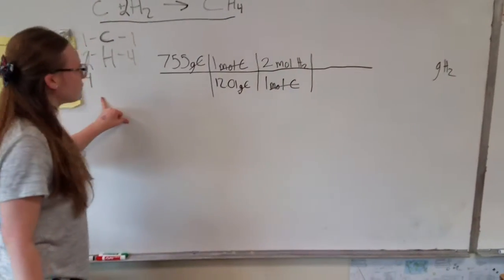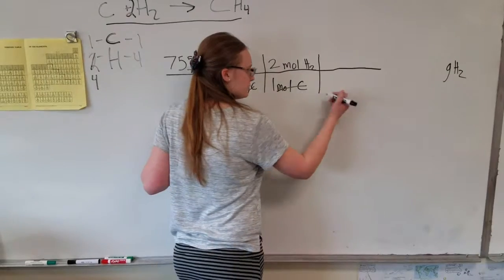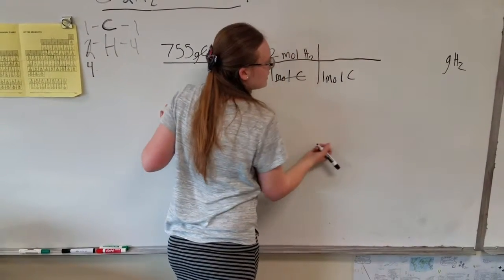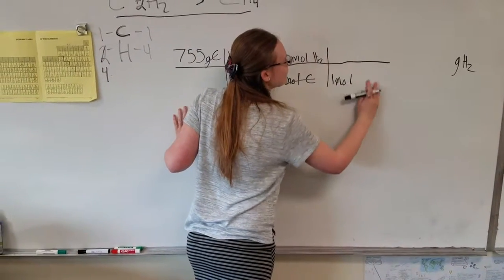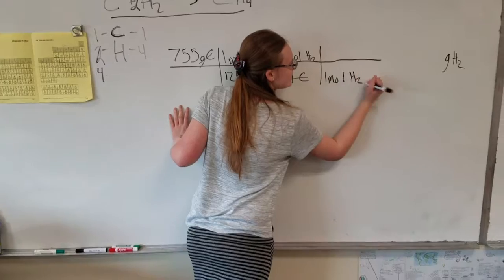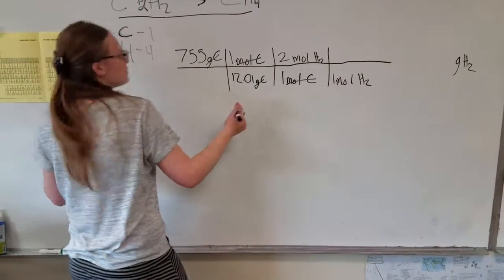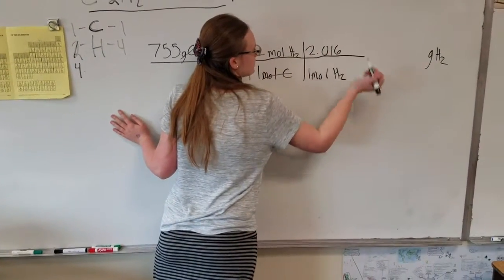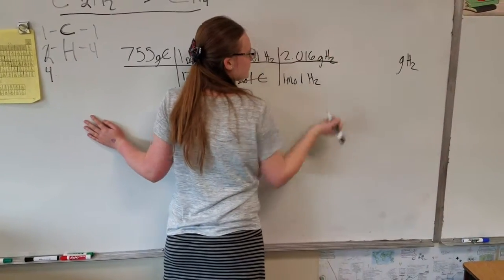So now, in order for this to cancel, we have to find how much a mole of hydrogen gas is. And it would be 2.016 grams H2.